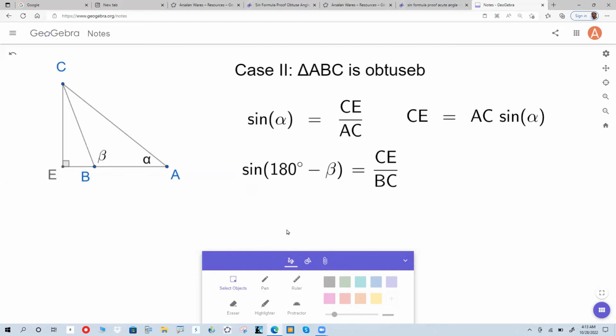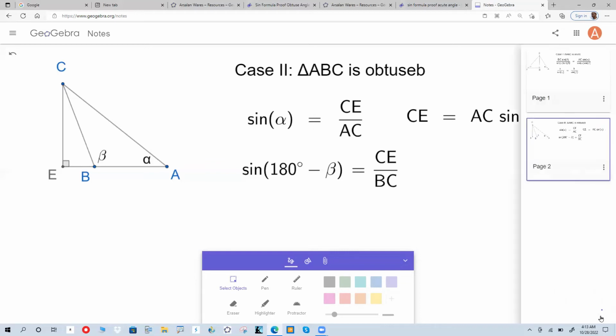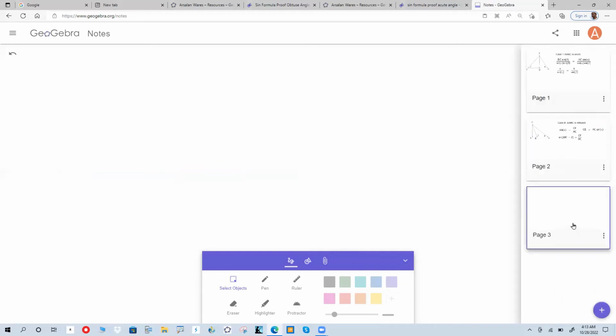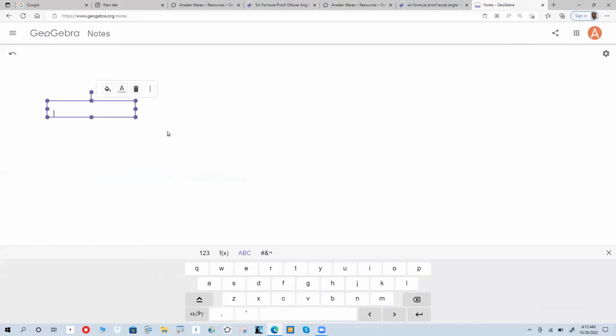So I'm going to do it the old-fashioned way on the side. Let me go to another slide and do it. I'll save it here, okay? So I'm going to show you this, and it's fun.